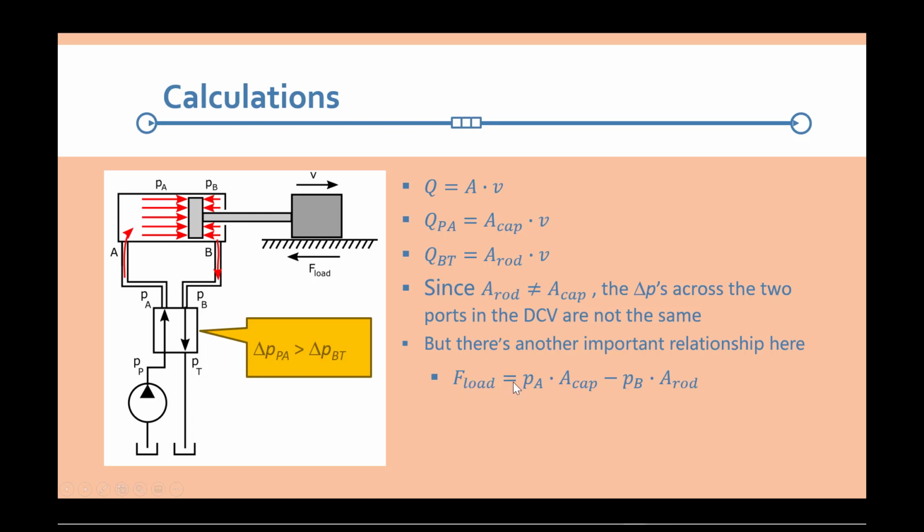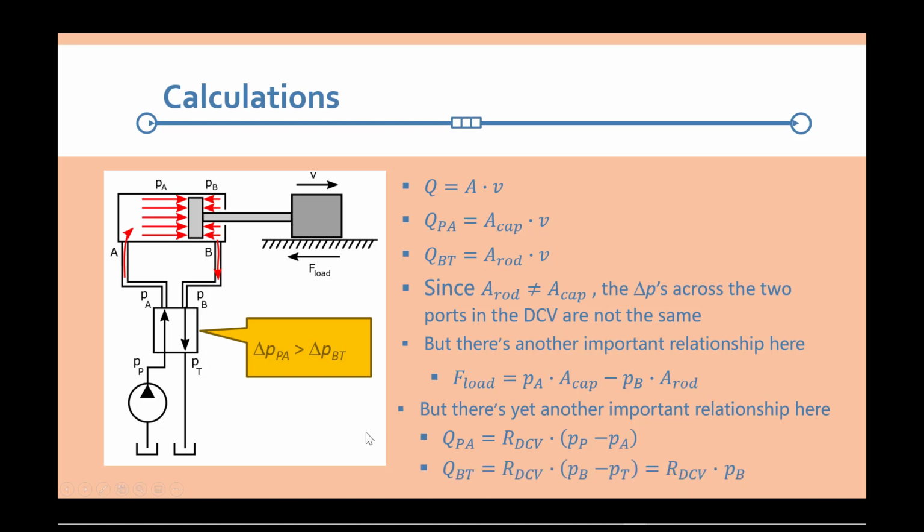So F load depends upon the pressure drop across the piston. But let's not forget that the flow rate across the orifice is related to the pressure drop on both sides. PT, assuming we have an atmospheric tank, is 0, and therefore on the right hand side we only have PB appearing, not PT.